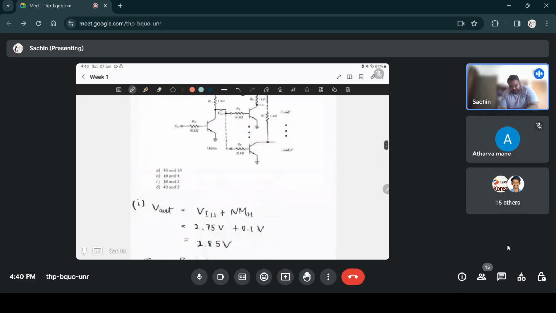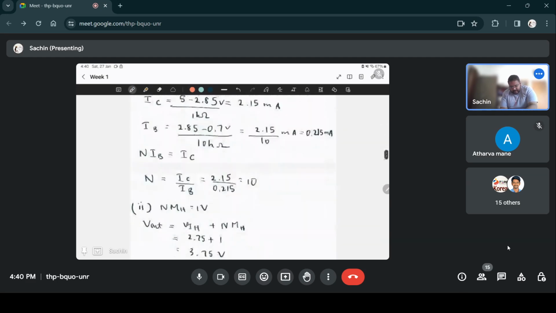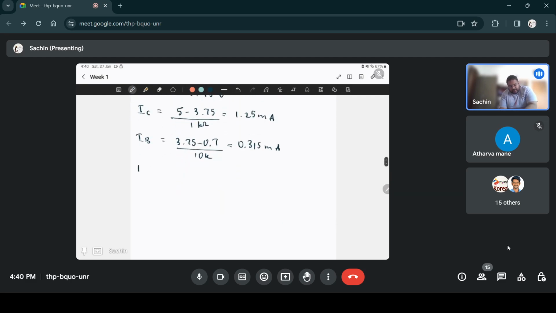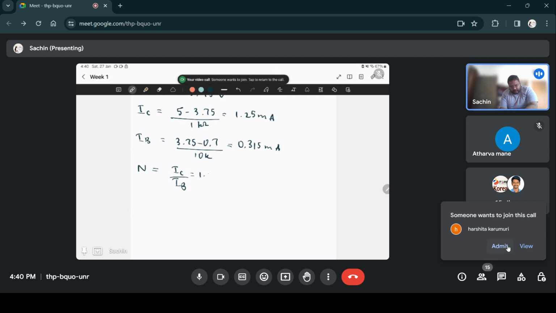And in this situation, the base current will be 3.75 minus 0.7 divided by 10k, just 0.315 milliamperes. So now the number of transistors you can connect at the output will be IC by IB equals 1.25 by 0.315, so approximately 4.